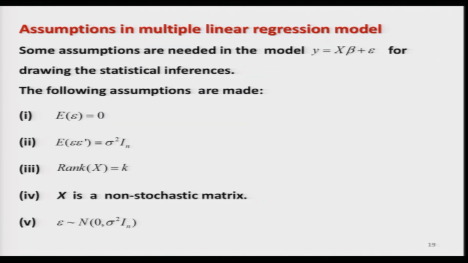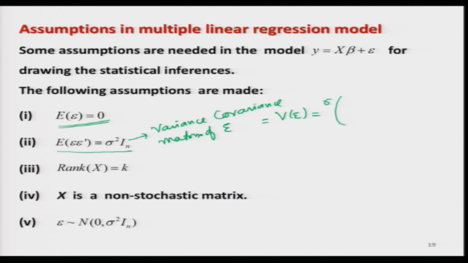Now I make certain basic assumptions in this multiple linear regression model which are needed to draw statistical inferences. We assume that the expected value of epsilon is 0, that means the mean of the epsilons in the population is 0, and the expected value of epsilon epsilon prime is sigma square I. This indicates the variance covariance matrix of epsilon, which we denote by V of epsilon.